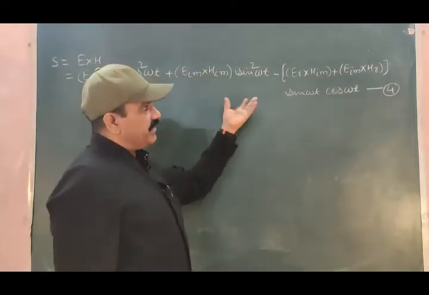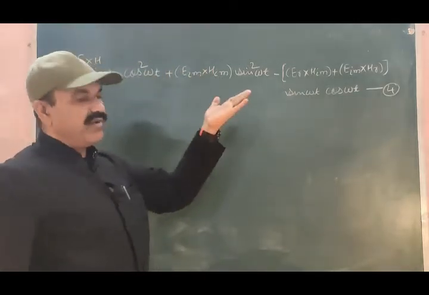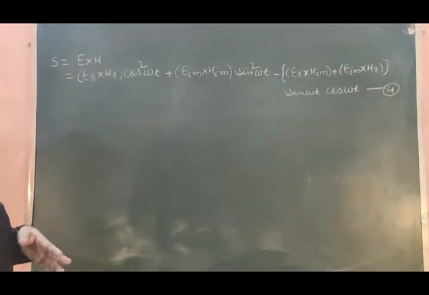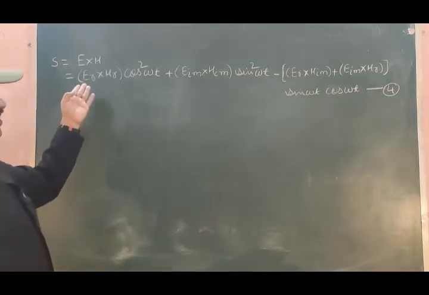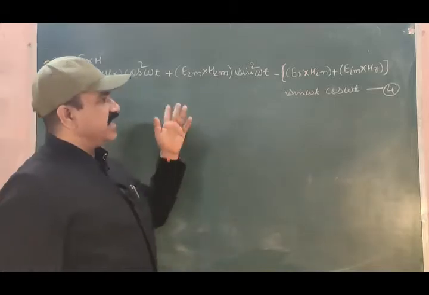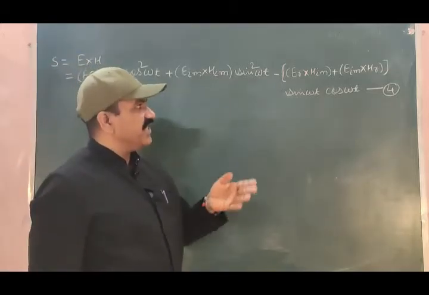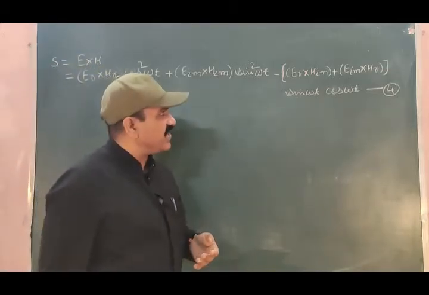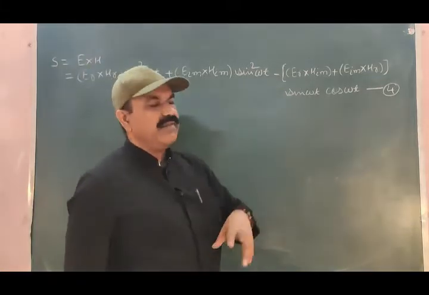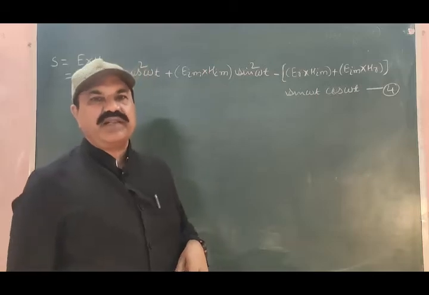By considering all these parts, we got equation number 4 for the Poynting vector. S is equal to E cross H is equal to ER cross HR into cos square omega t plus EIM cross HIM sin square omega t minus the square bracket of ER cross HIM plus EIM cross HR, multiplied by sin omega t into cos omega t.